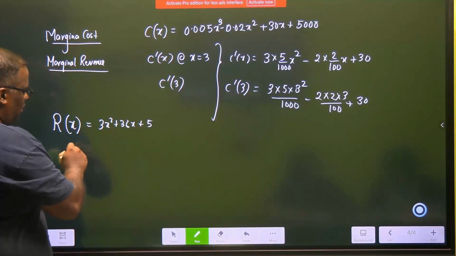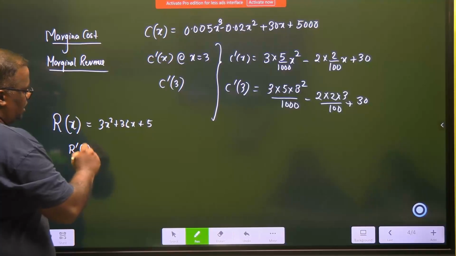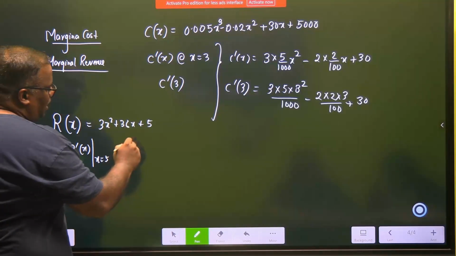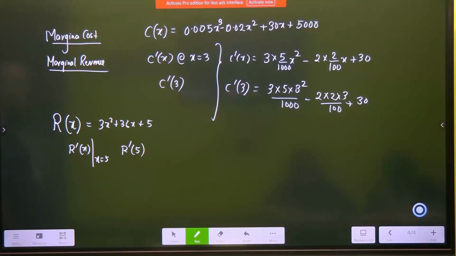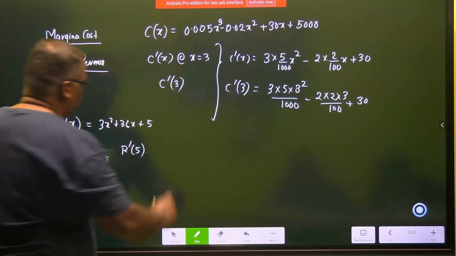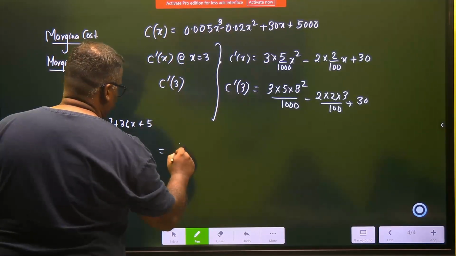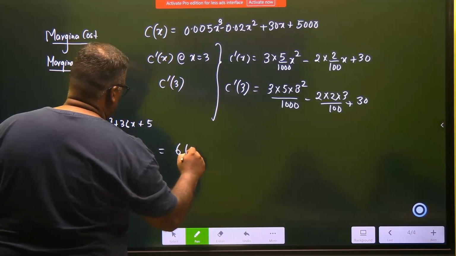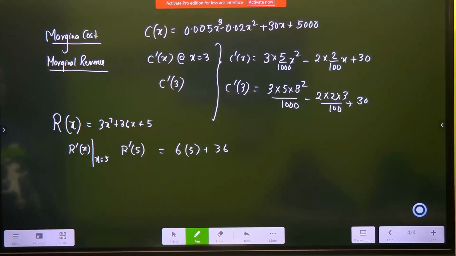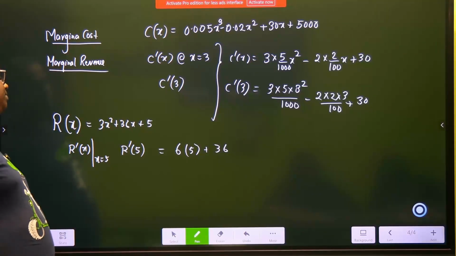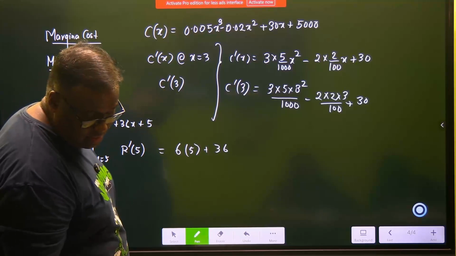So let's find out the marginal revenue, R dash X, when X is equal to 5. So basically you have to find R dash 5. I think you can do this. Yes or no? So this will be 6 into 5 plus 36. 6 fives are 30, 30 plus 36 is 66.